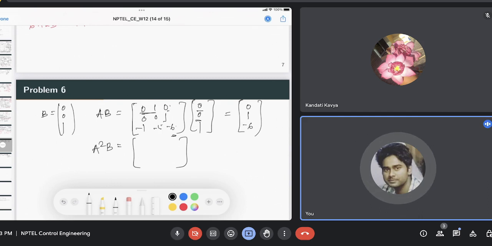I have already computed it, so I'll write it directly, and you can verify.